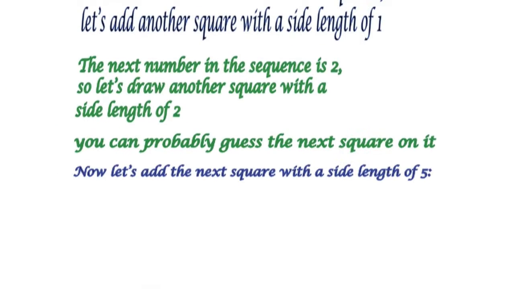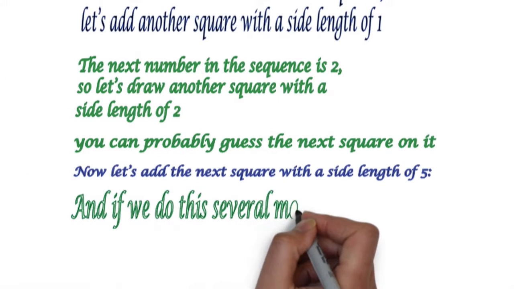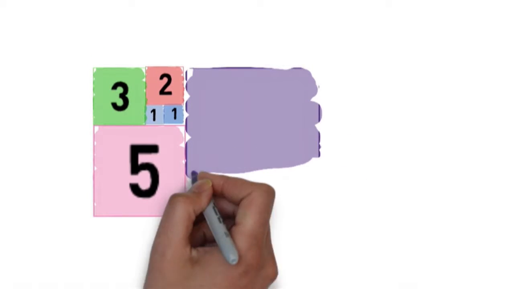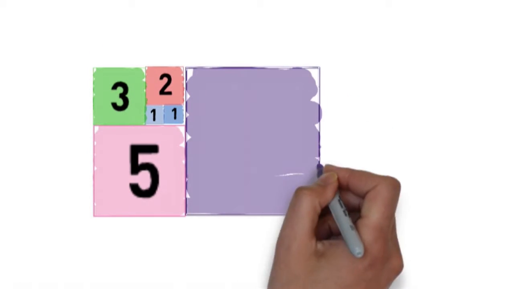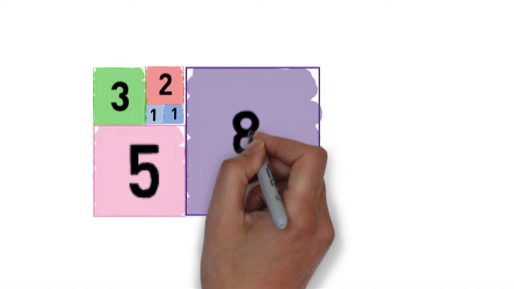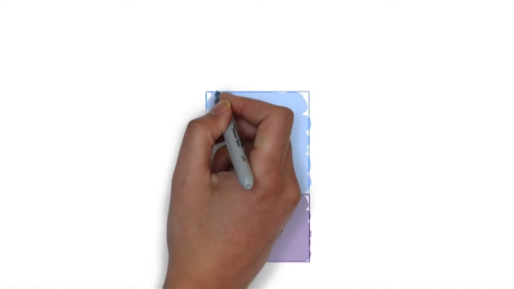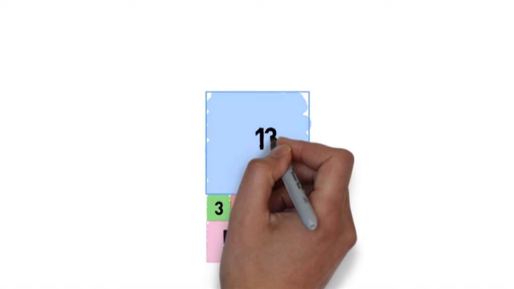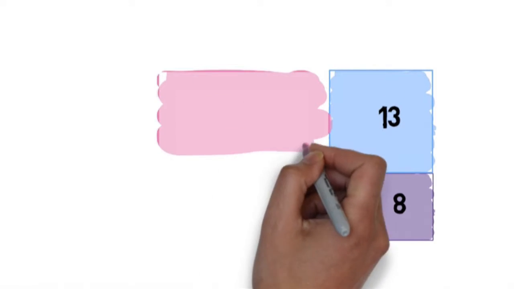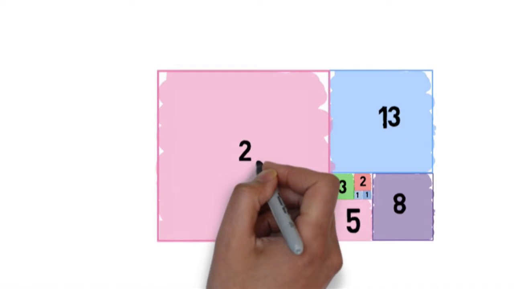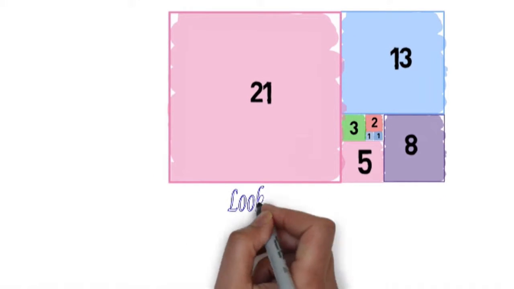And if we do this several more times, we get 8, 13, 21. Look at this cool spiral.